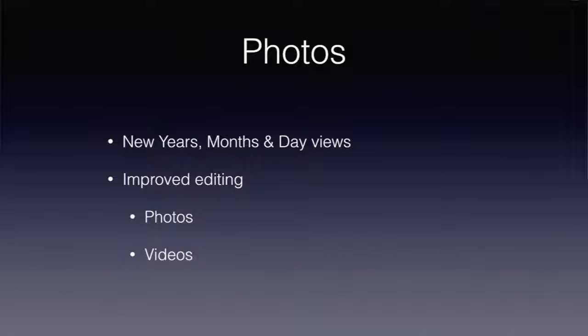Okay, so now Photos has changed quite a bit as far as where things look when you first go into them. It used to be the year and then the month and then sections of the month and then days. And now it's gone to years, months, and day views by themselves.